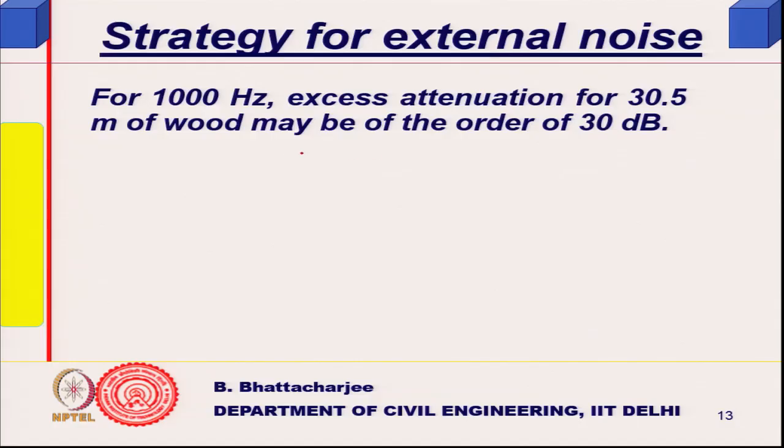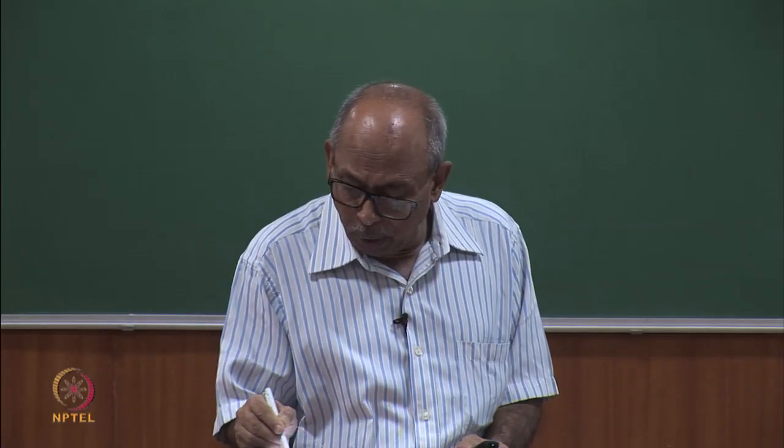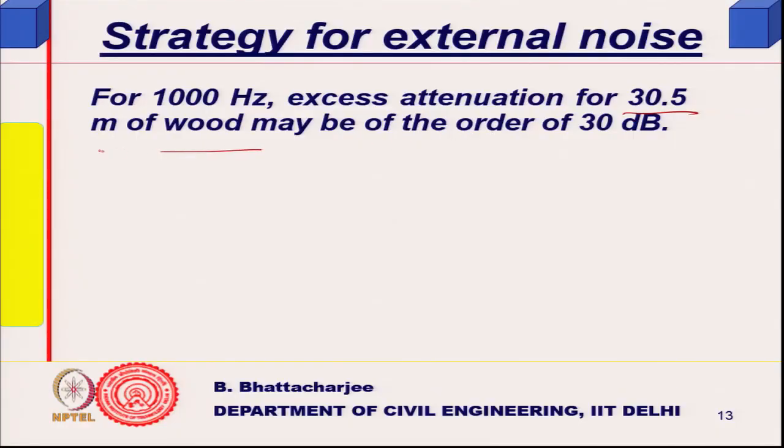So, if you have trees, 30.5 meters of dense wood can reduce noise on the order of 30 dB. This is understandable from practice: a thick forest would reduce the noise level, not a sparse one.